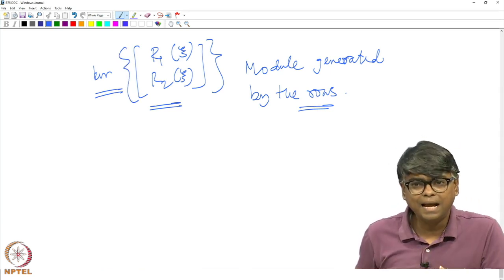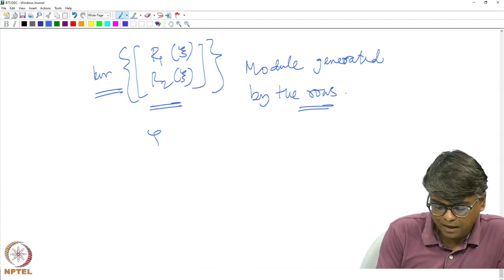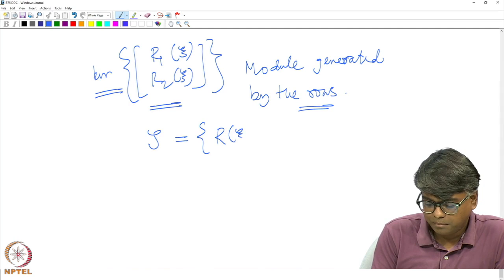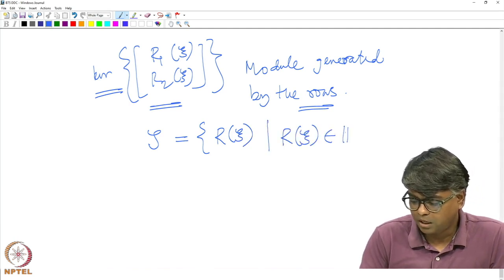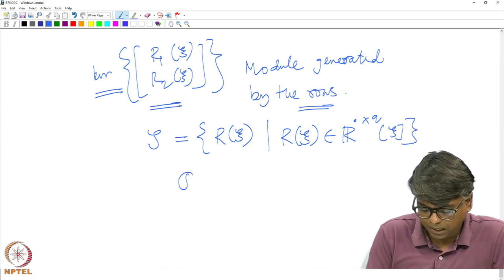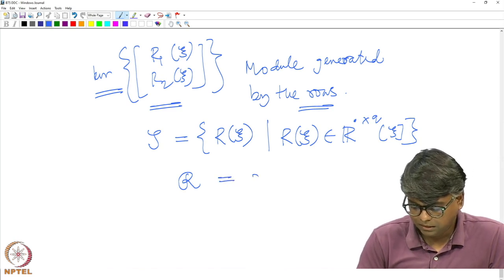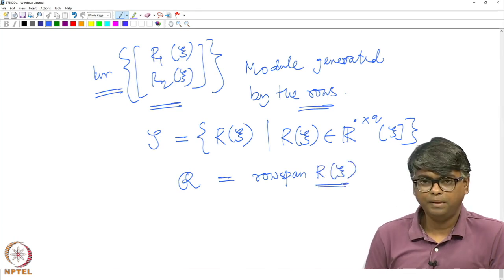So, in that language, what we are really asking is that if we have a collection S of these matrices of arbitrary number of rows, but q number of columns, look at the submodules generated by them. R is the row span of this given polynomial matrix.